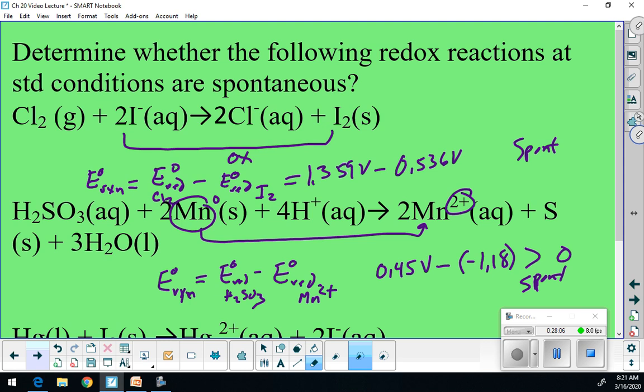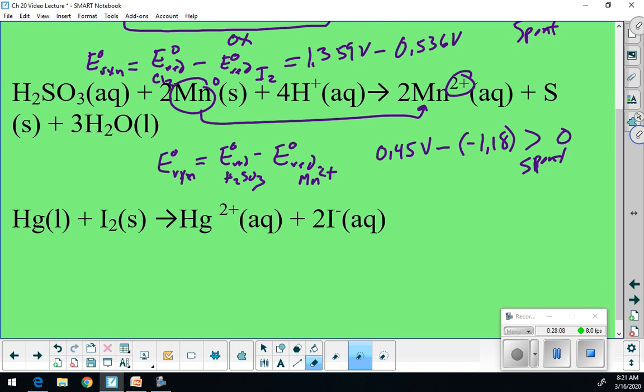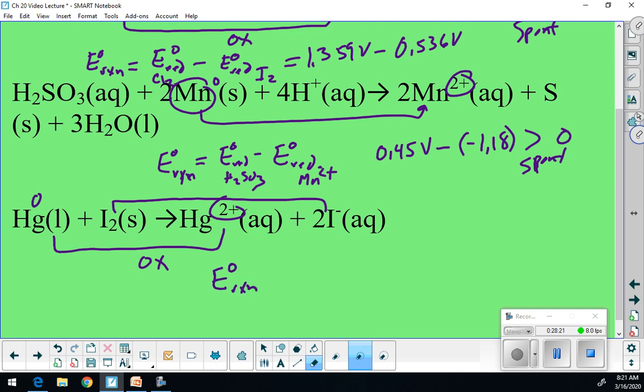And then my final one, that's a 0 going to a +2, so my mercury is oxidizing, and that would mean my iodine is reducing, so the potential for my reaction is equal to the standard reduction potential for my iodine minus the standard reduction potential for my mercury +2.